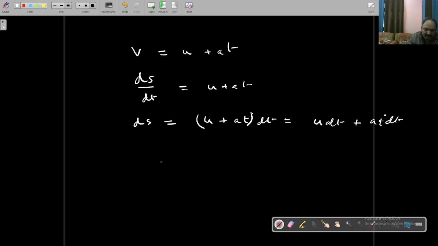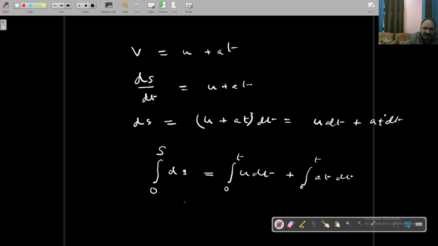Now we integrate. Suppose in time 0 to t, the particle has displaced from 0 to s. ds integrated is equal to the integral from 0 to t of u dt plus the integral from 0 to t of at dt.